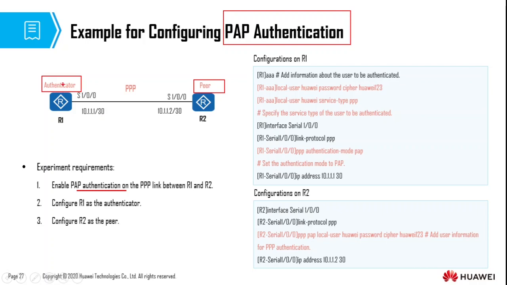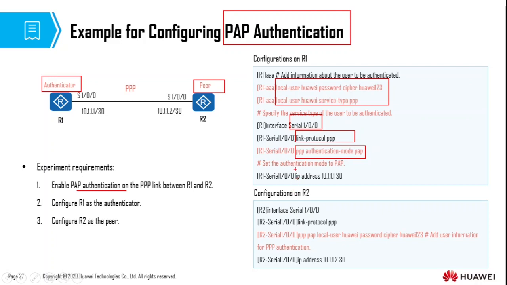On R1, we need to create the local user and enable the PPP service. After that, we go to the serial interface and enable PPP encapsulation using the command link-protocol PPP. Then we specify the PPP authentication mode as PAP.